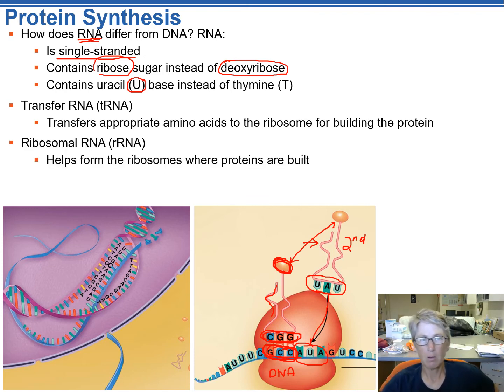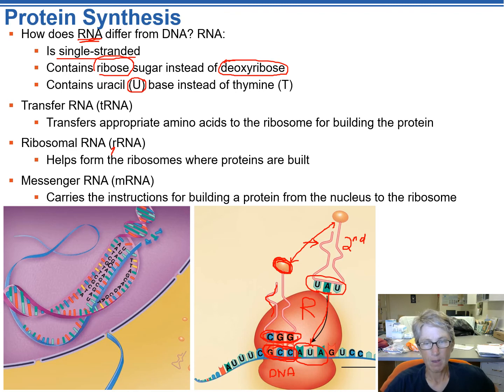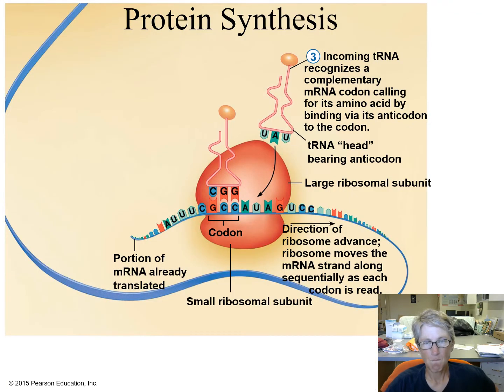So we've talked about messenger RNA, transfer RNA. Here's ribosomal RNA. Ribosomal RNA just helps form these ribosomes. So remember, this big orange thing is a ribosome. This just enlarges the picture that we've talked about a little bit better. Here's the ribosome.